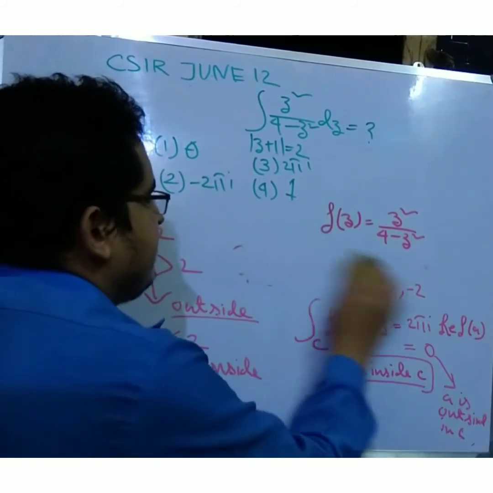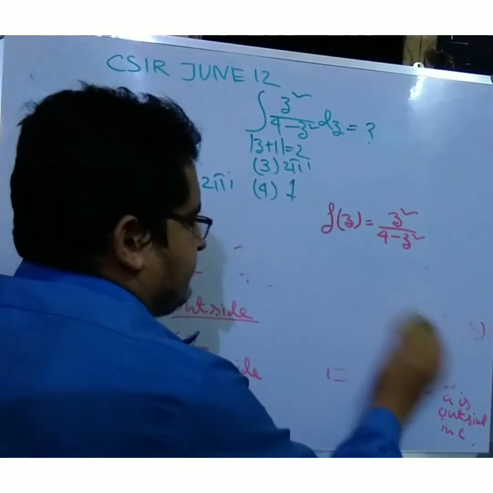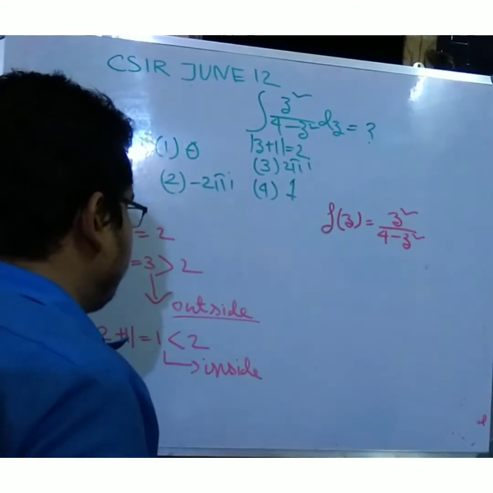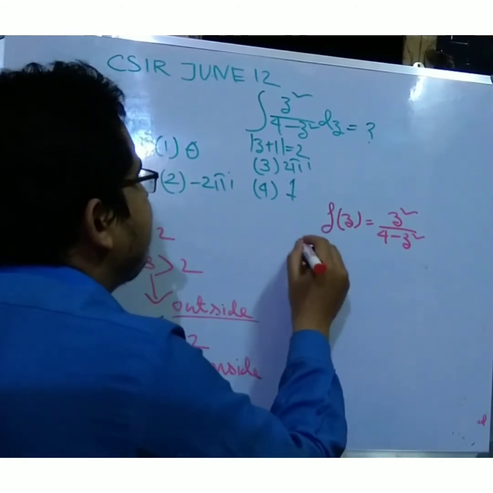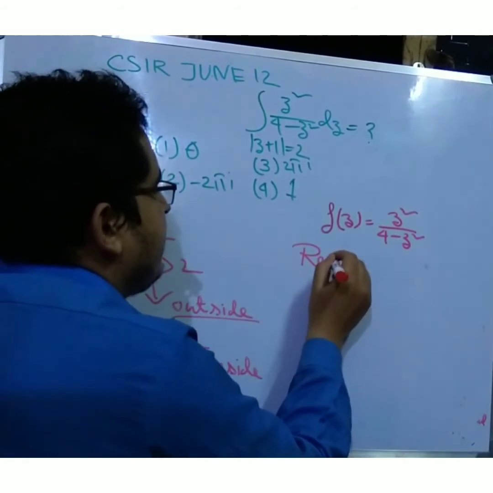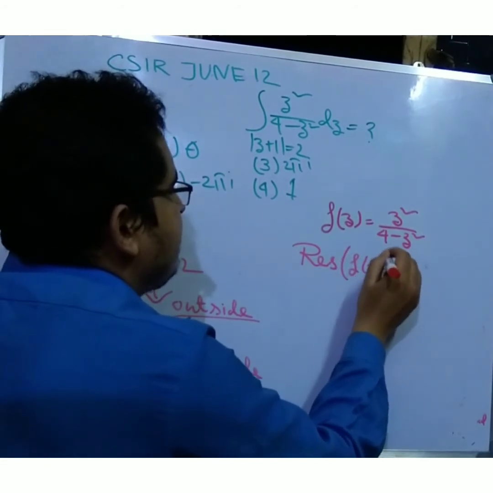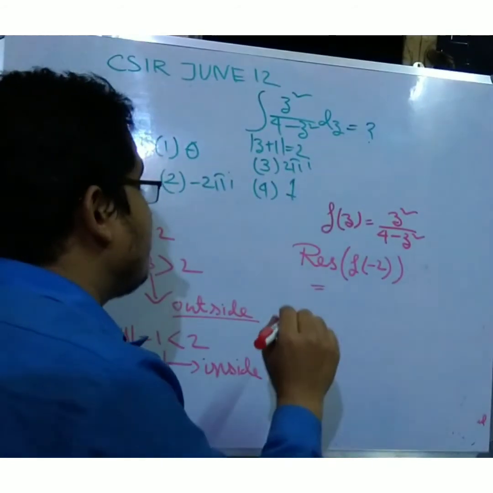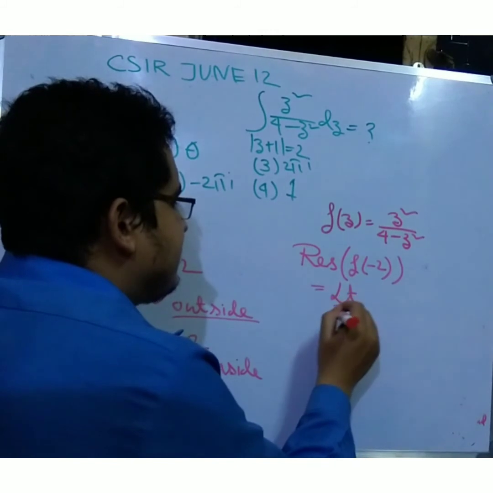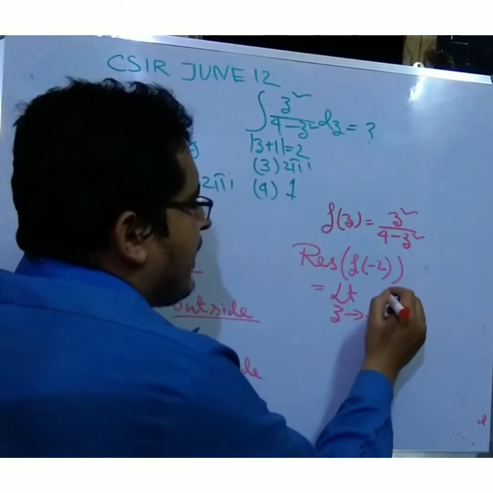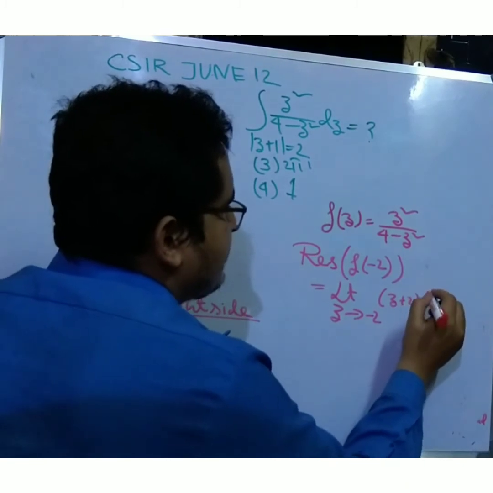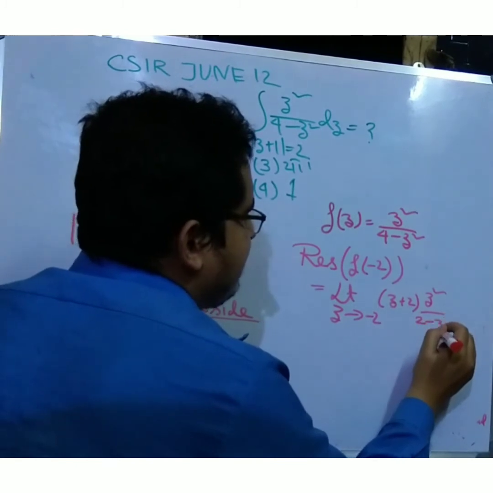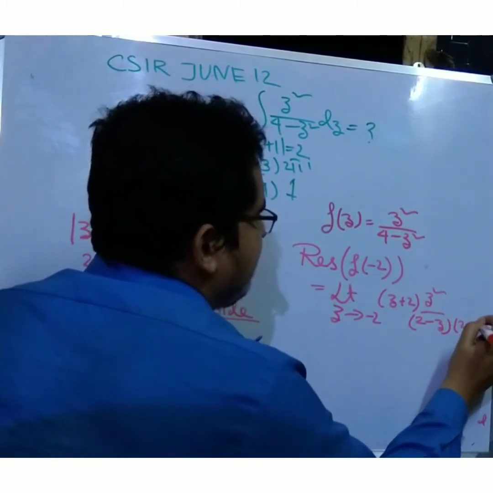Now I remove this line. I hope you will write everything. Now you will write this portion: the residue of f at minus 2. How can I get it? Limit as z tends to minus 2 of (z plus 2) into z squared over (2 minus z) into (2 plus z).